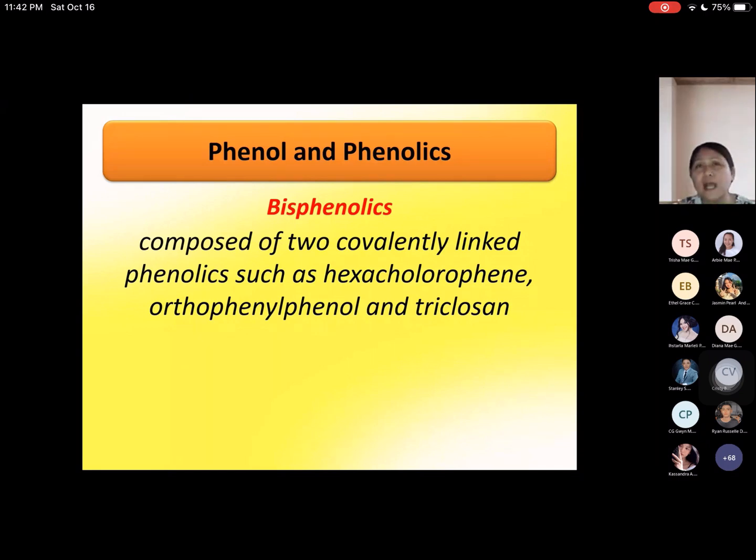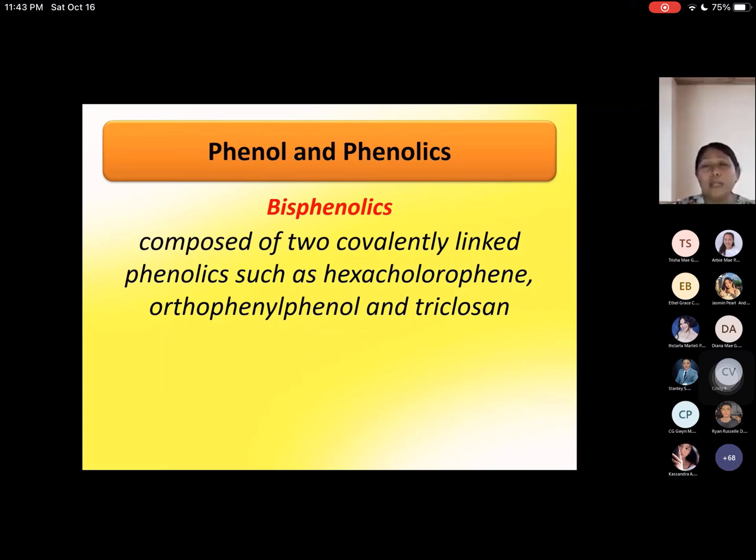The triclosan is the main ingredient of our antibacterial soap like Bioderm, like Safeguard. So if you happen to read the components of the soap and there is triclosan, meaning to say that soap has antibacterial activity.